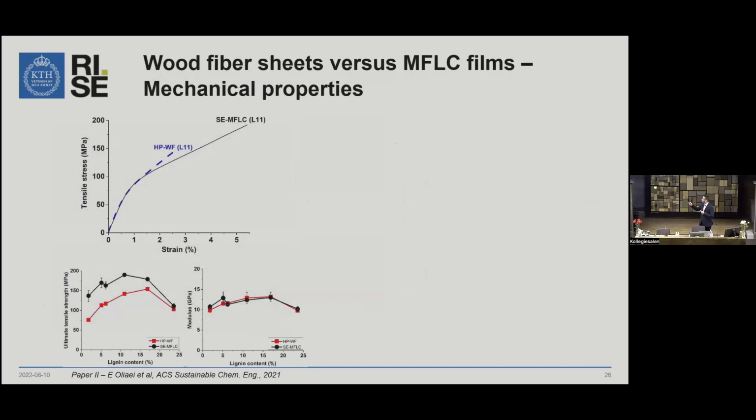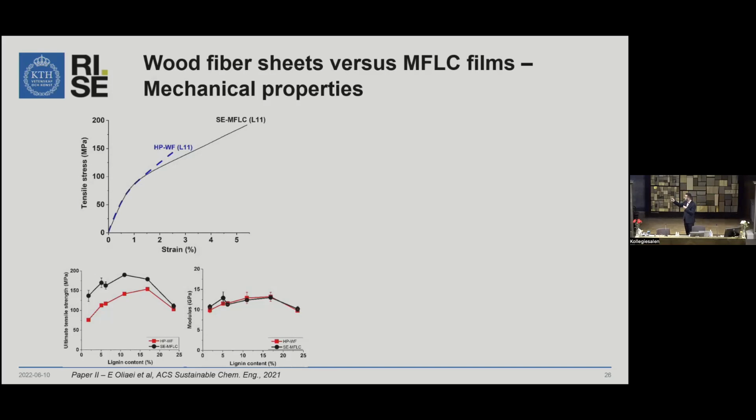And in this plot, you see that the tensile curves for these structures in the elastic region are pretty similar, but the MFLC structure with a smaller pore size and smaller defects will fail at a much higher strain. So these small pores and defects delay the failure to much higher strain and higher strength values. And this is the same case for all other compositions.